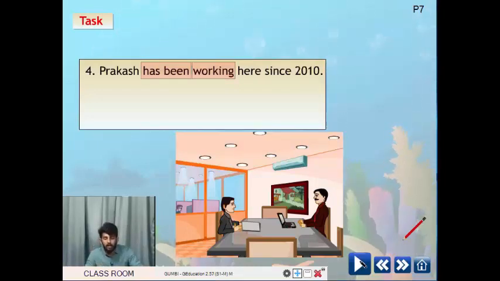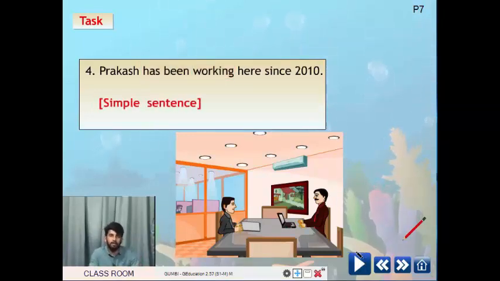So we have only one subject and one verb, or one predicate there. So this is again a simple sentence. When there is only one subject and one predicate or verb, then it is a simple sentence.